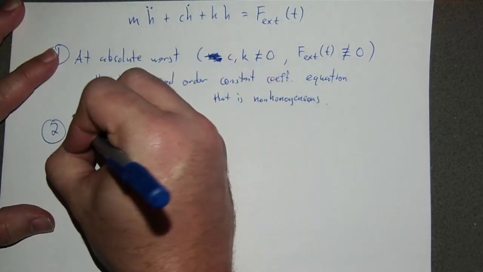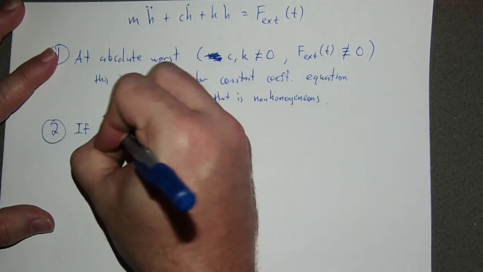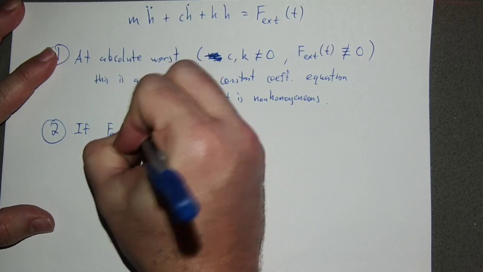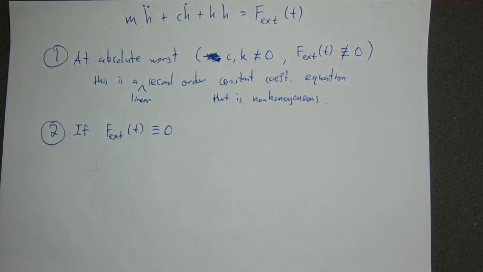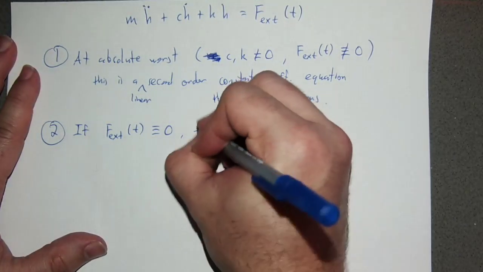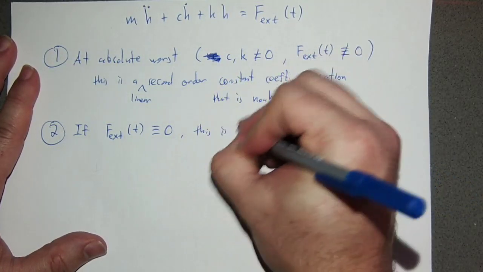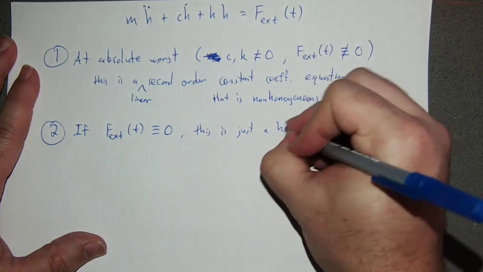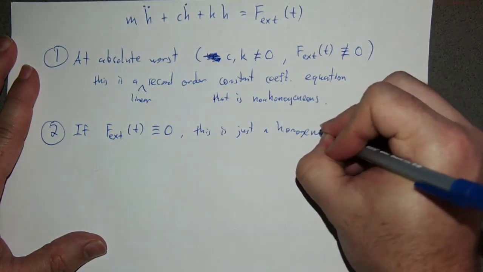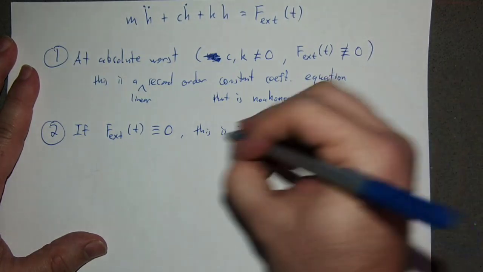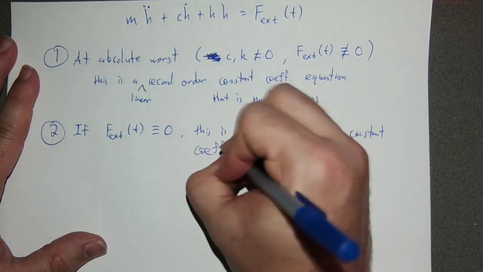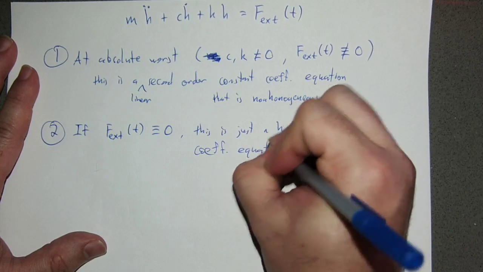Note, if the external forcing function is identically zero, this is just a homogeneous constant coefficient equation. Okay?